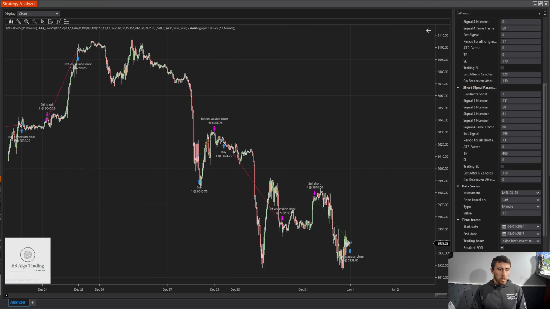So if position dot market position equals market position dot long and candles in trade is greater than 120, then we exit long. Else, if position dot market position equals market position dot short and candles in trade is greater than 110, that's when we want to exit a short position.